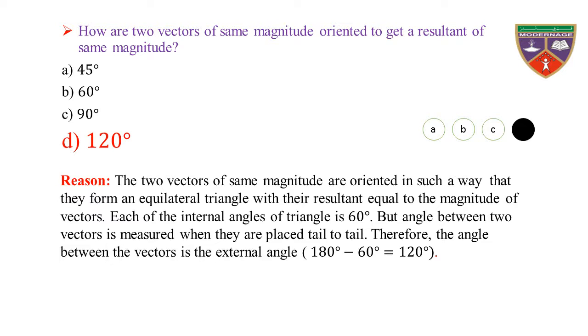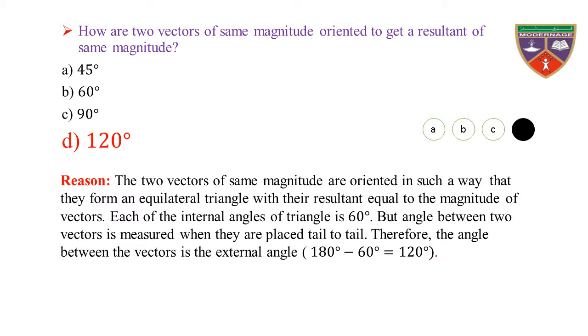Reason. The two vectors of same magnitude are oriented in such a way that they form an equilateral triangle with the resultant equal to the magnitude of vectors.